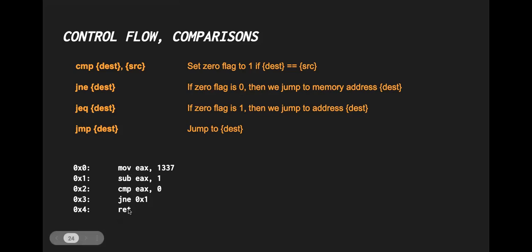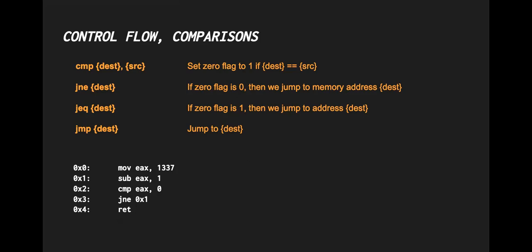All right. What does this do? It starts off with EAX as 1337. Does anyone see why?